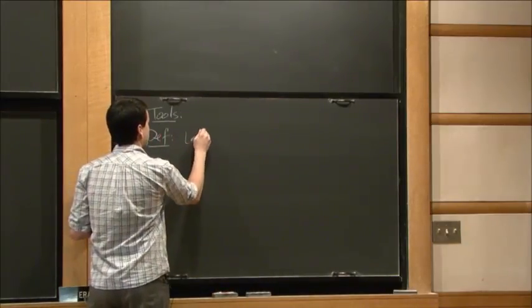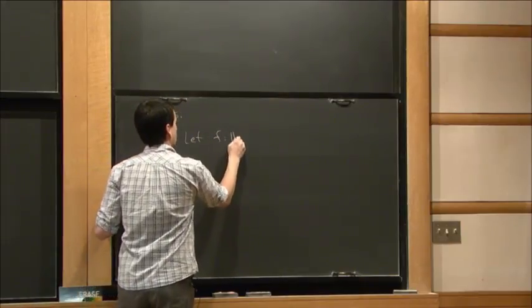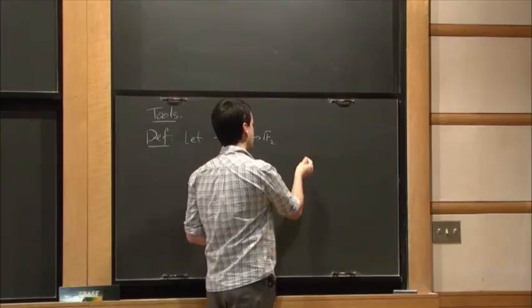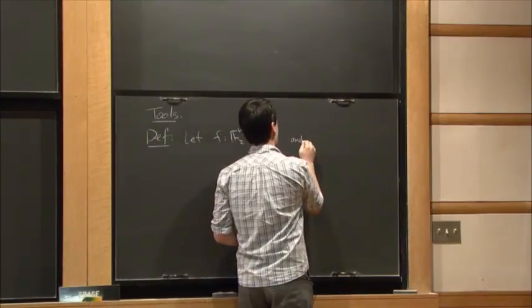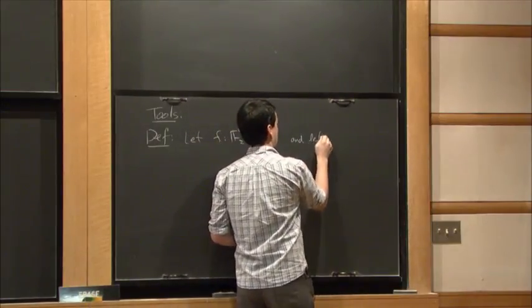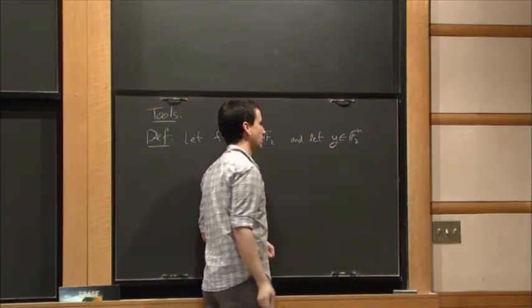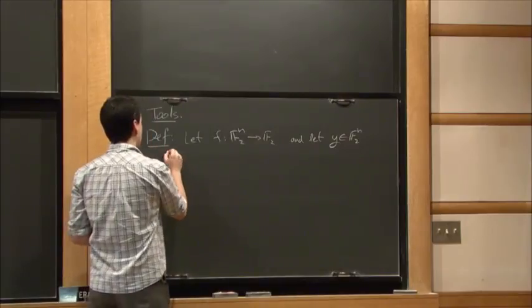So we have some function f, and we have a direction y, which is a vector in F2 to the n.